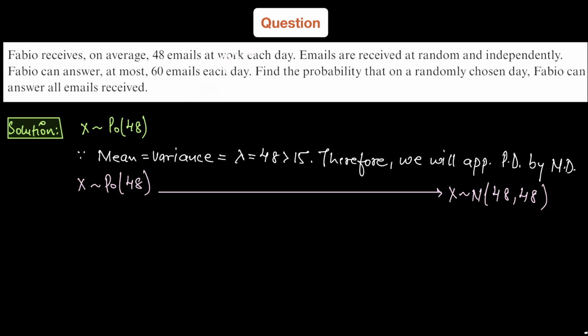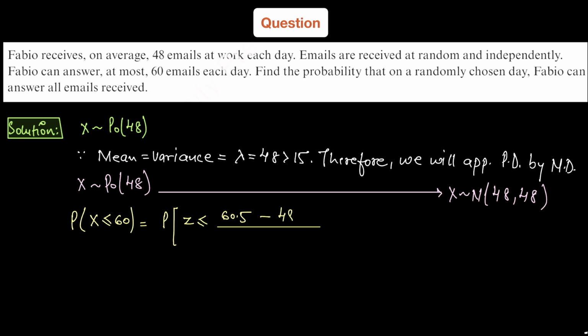And now we go to the question part, where we need to find the probability of X less than or equal to 60. So let's proceed further. We will write down the probability of Z less than or equal to, because it is less than or equal to 60, it will become 60.5 after applying continuity correction.